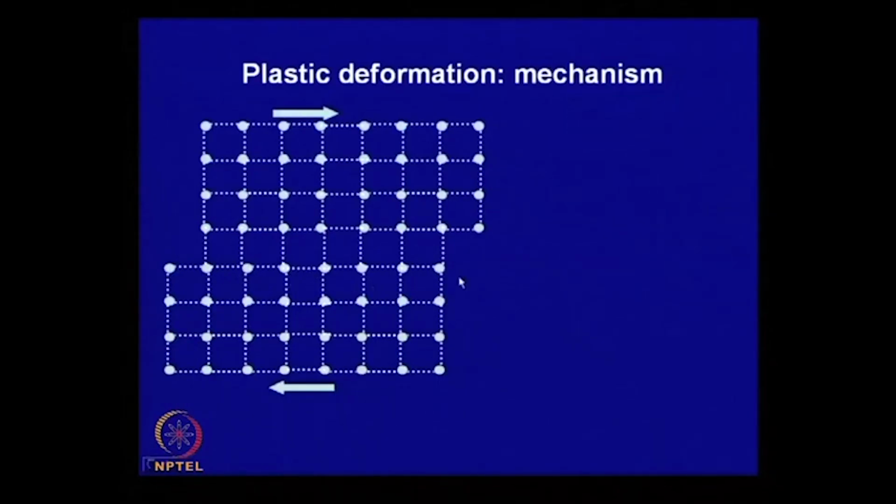The plane on which this movement takes place is called the slip plane, and on the plane there will be a specific direction along which this displacement takes place, that direction is called the slip direction. And here after this deformation, if you remove the stress, since it has gone to another state of stability, minimum energy, it will not come back, the deformation is permanent.